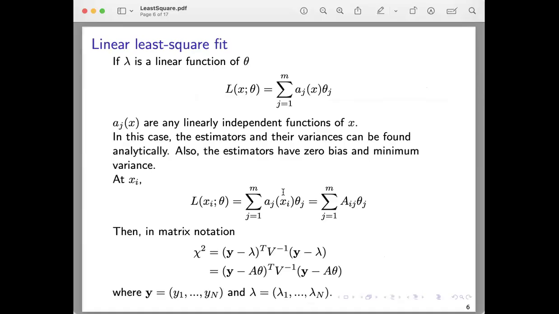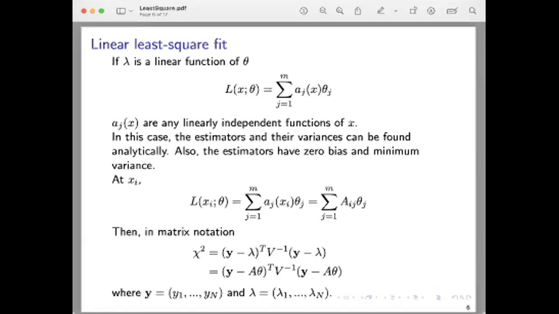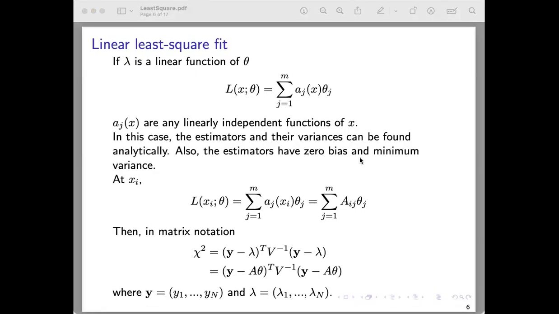So when lambda is a linear function of theta, you can write lambda of x, theta to be a sum over aj(x) times theta j. Sorry, I made a mistake here; this should not be L, this should be lambda. I can make this correction in the slide.